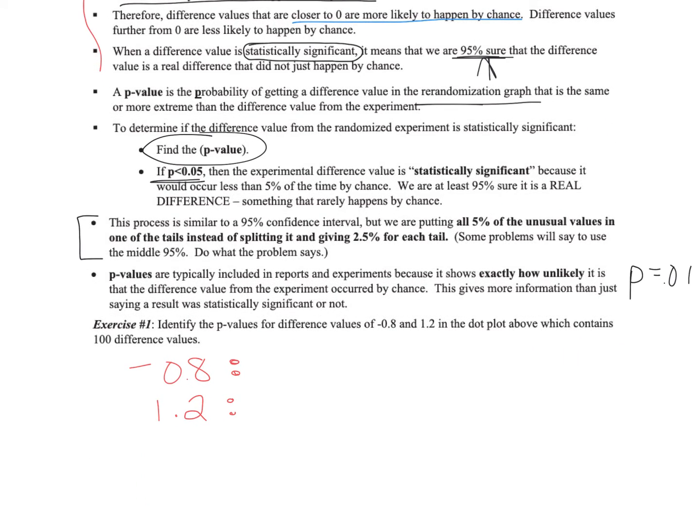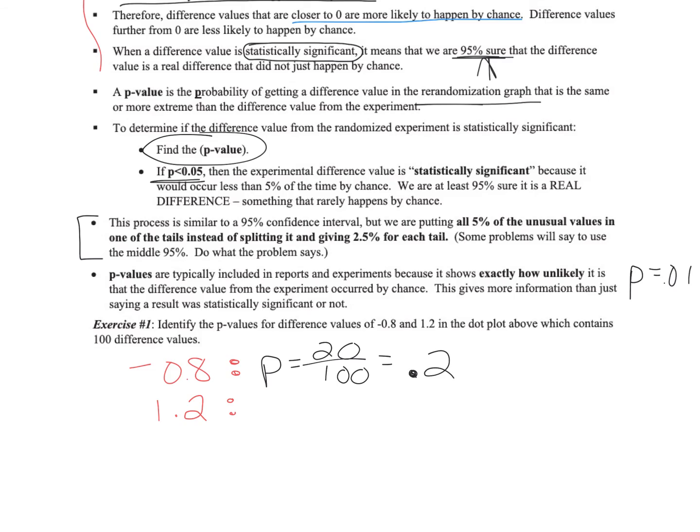There's 100 total dots, so we would say P equals 20 over 100, or 0.2. So that means that 20% of the time we can expect to get a number that's negative 0.8 or smaller. Not really statistically significant. We're not answering that question on this page, but 20% is not really small enough.